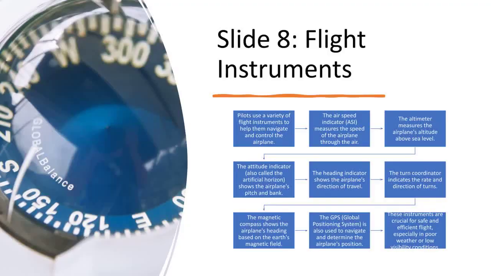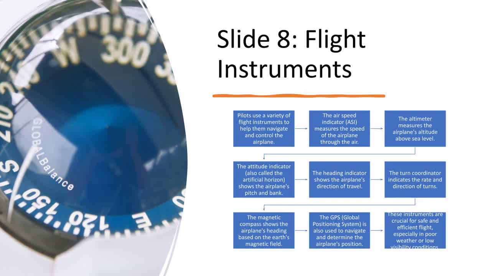Flight instruments are an essential part of any airplane's cockpit, providing pilots with critical information about the airplane's performance and position in the sky. There are several types of flight instruments, including the airspeed indicator, altimeter, attitude indicator, heading indicator, turn coordinator, magnetic compass, and GPS.